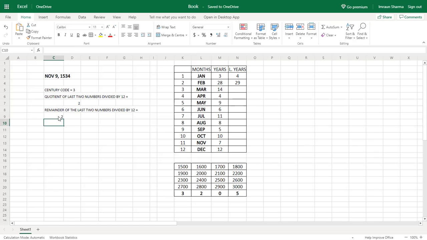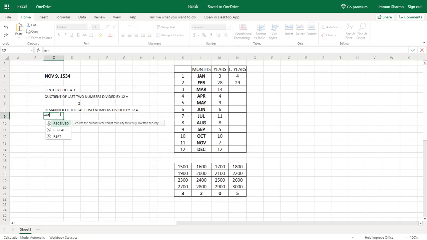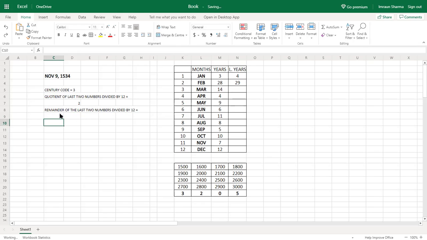I mistakenly wrote quotient over here. It should actually be mod 34, comma 12. Now the answer will be 10. So let's remember these 3, 2, and 10.